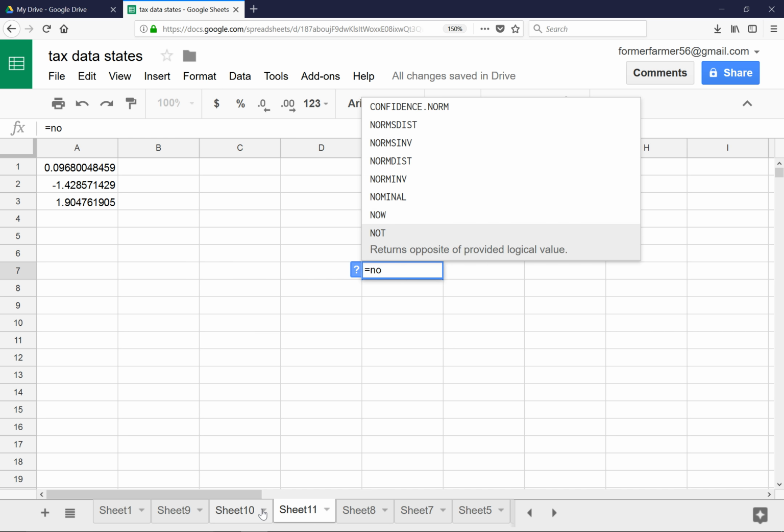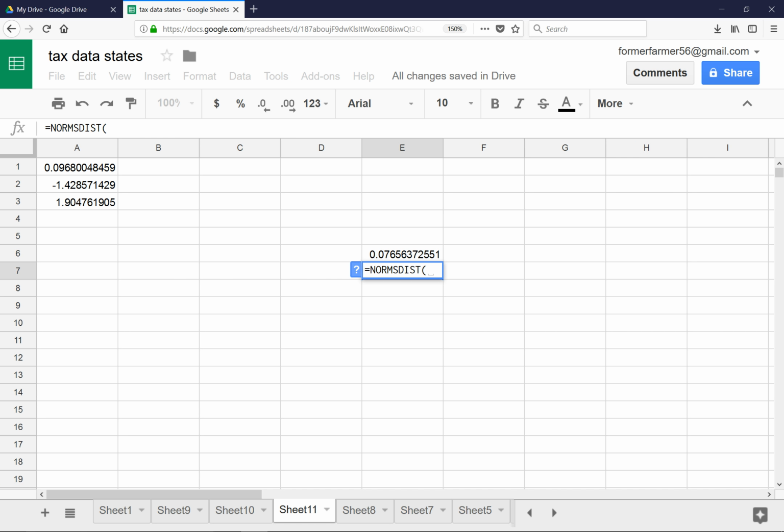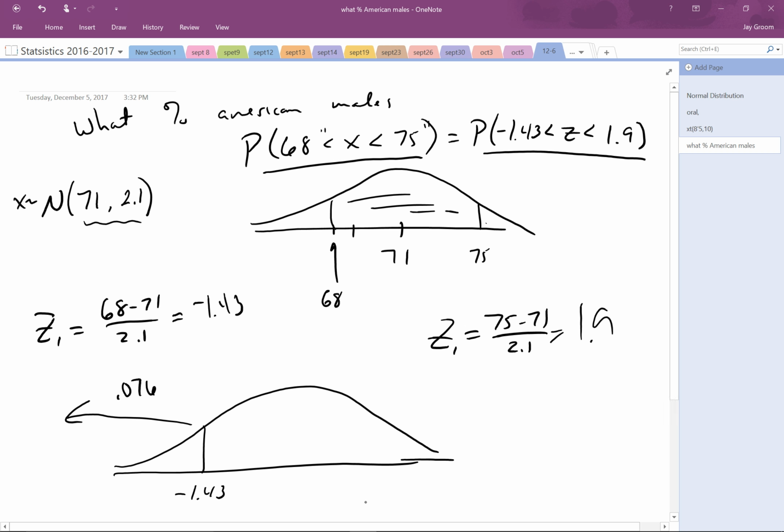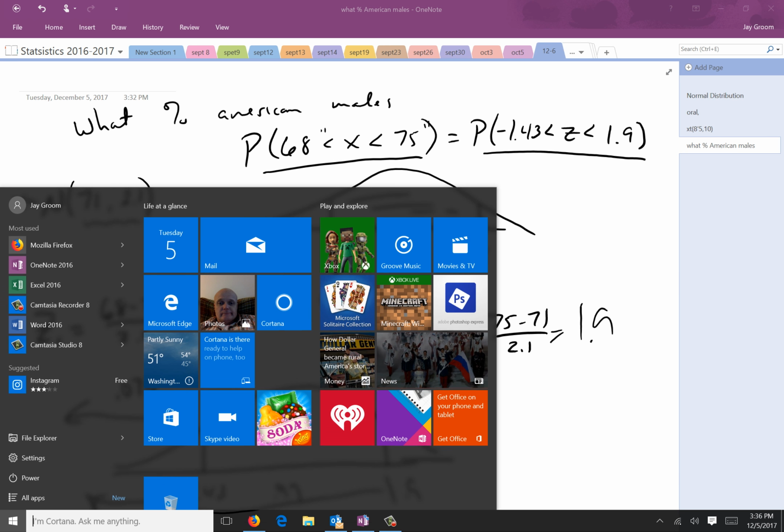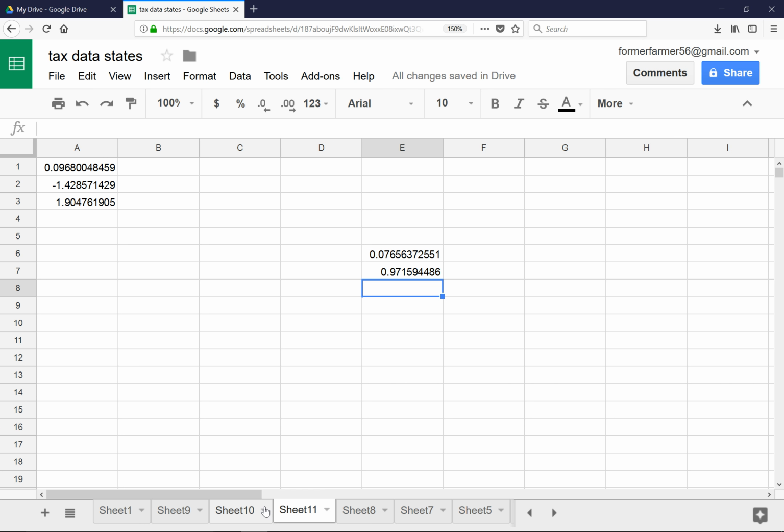Equals norm dot s dist, that one right there, of this fella. Why, it's 97%, Mr. Grimm. Weird. So from here down is 97%. So 0.97. Well, how much is between them then? Well, awfully close to 90% then, I reckon. So you simply go equals this dude minus this dude. Voila.